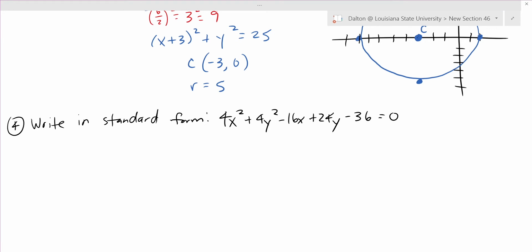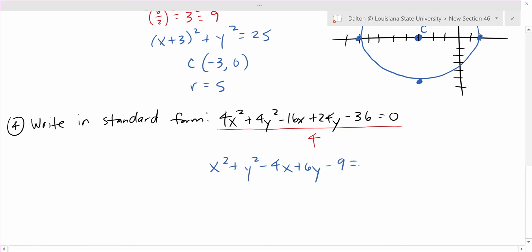So if you notice that all of them are divisible by 4, then you are allowed to divide every term by 4 and just kind of simplify your numbers a bit. So if I do that, then I am left with x squared plus y squared minus 4x plus 6y minus 9 is equal to 0. So it just kind of makes my numbers a little bit smaller.